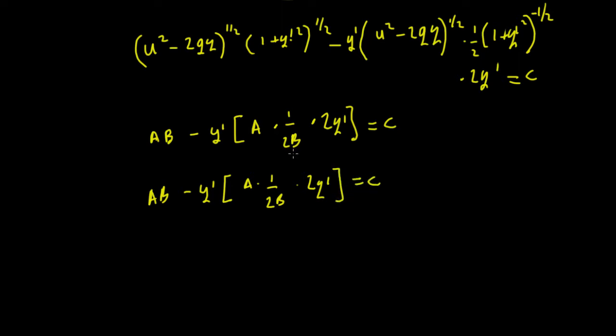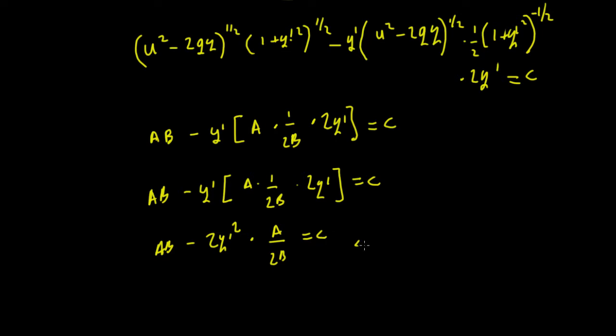It's the same as that line up there. So we're going to have a times b minus 2y derivative squared, because it's y derivative times the y derivative, times a upon 2b, equals some value c.